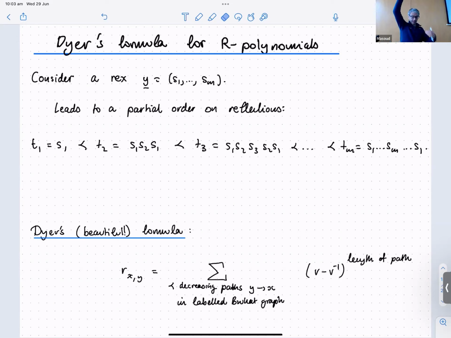So I have my interval, and I have this labeling of the edges via reflections. For example, maybe first I take Tm, and then I'm allowed to take T3, but once I've taken T3, I'm not allowed to take any other reflection T4, T5, T6; I've got to take T2 or T1.